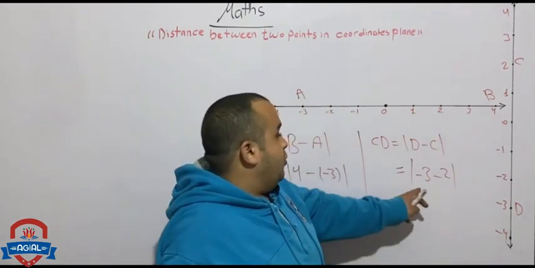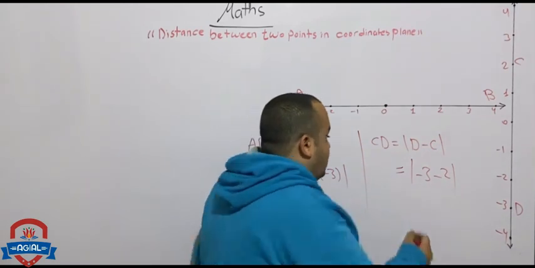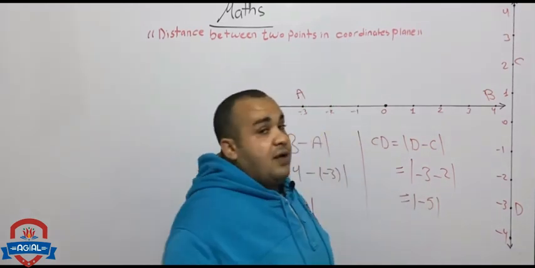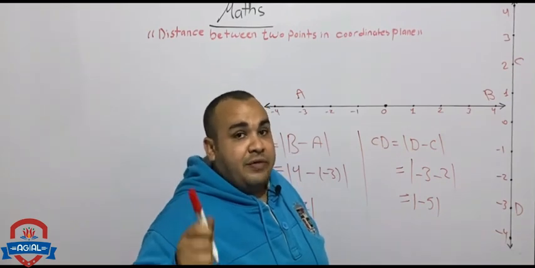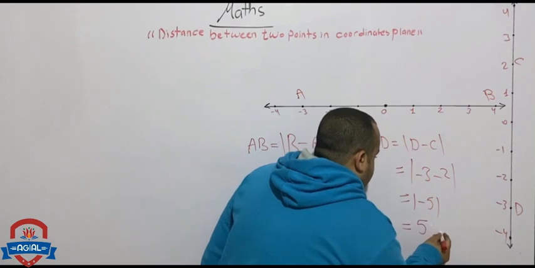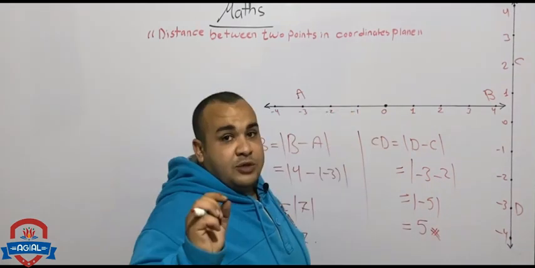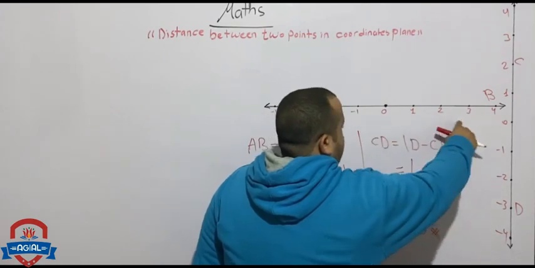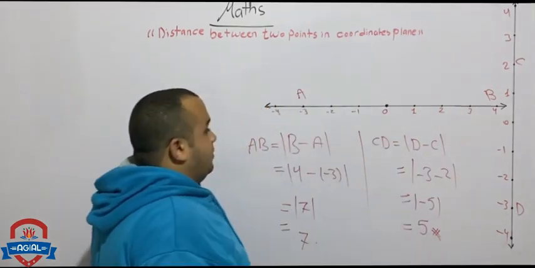The absolute value of negative 3 minus 2 equals the absolute value of negative 5, and the absolute value of negative 5 equals 5. But notice that the distance between any 2 points on the number line should be equal.